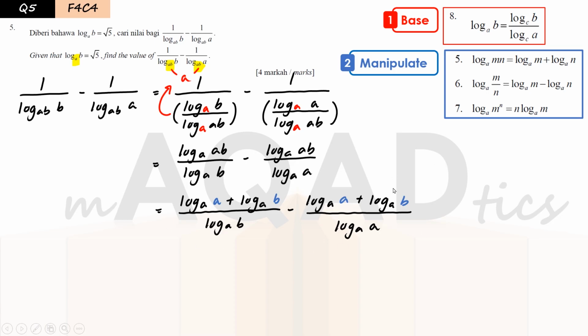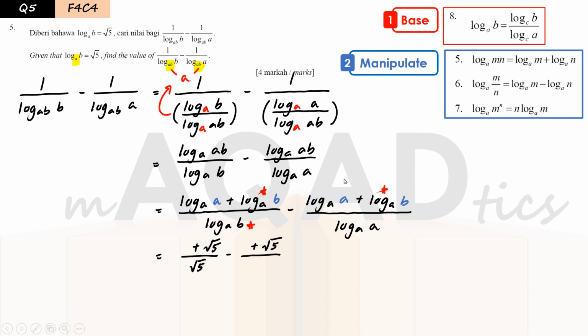Now you can see this is very simplified already. So why not we substitute the values into these logs? One of the information given is this one, log base AB equals square root 5. So all the logs that have B, which is this one and this one, will all be changed to square root 5.